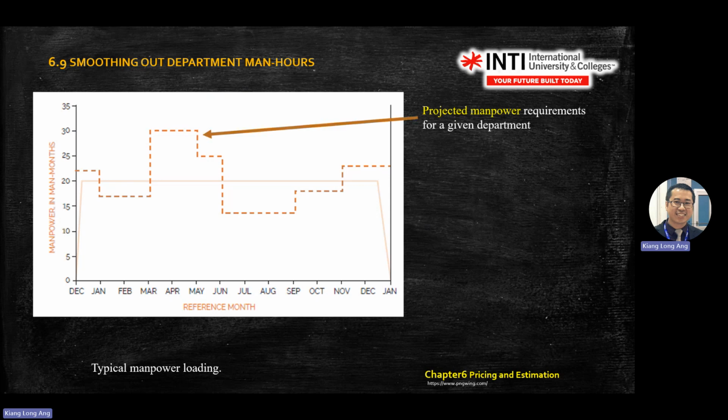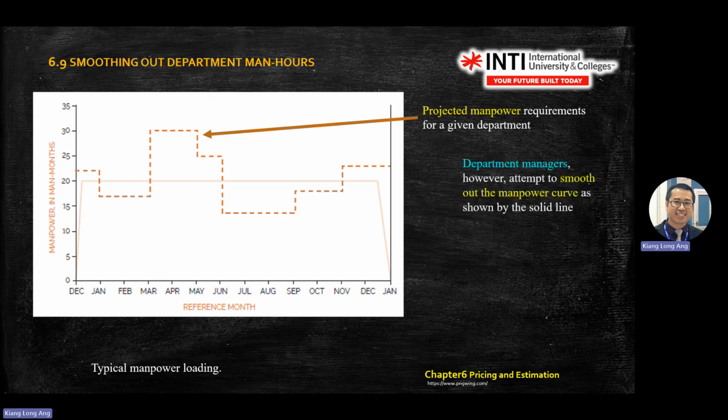In this dashboard, maybe in December he needs maybe 22. Then from January until March, the department only needs like 16 or 17 people. Then production picks up after March until May, then drops down again, and up.